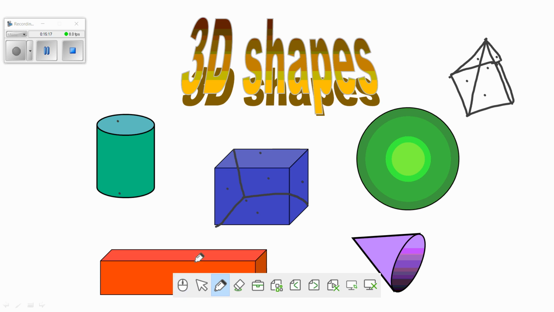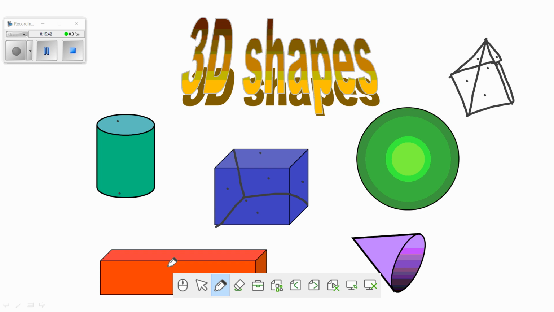The rectangular prism has the same number as the cube, but the difference between the cube and the rectangular prism: the cube has 6 faces and all of the faces are squares.